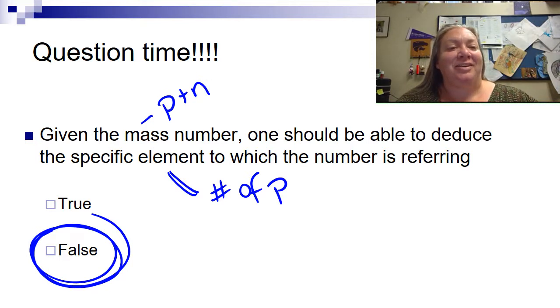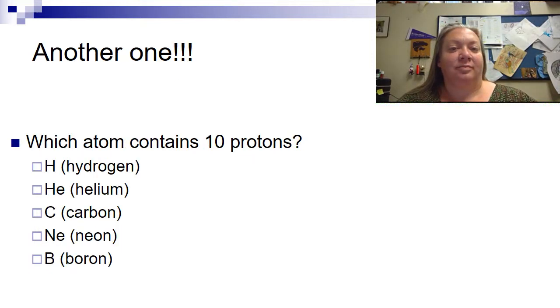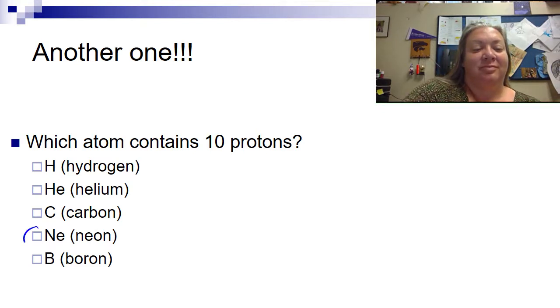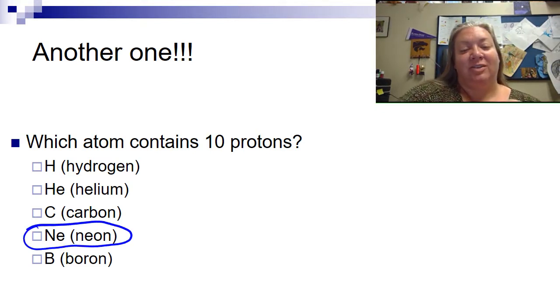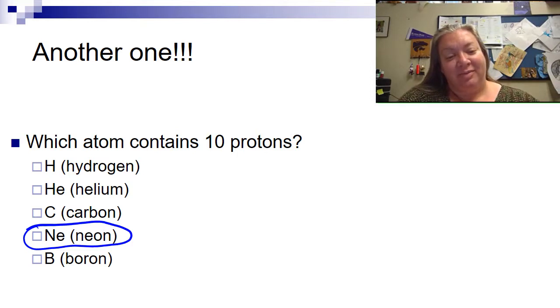Let's try another one. All right, second question for you right now. Which atom contains 10 protons? Pull out those periodic tables. What do you find? What you'll see is that for 10 protons, the correct answer is neon.